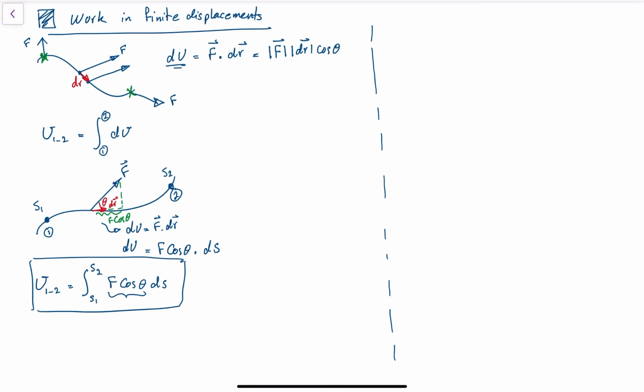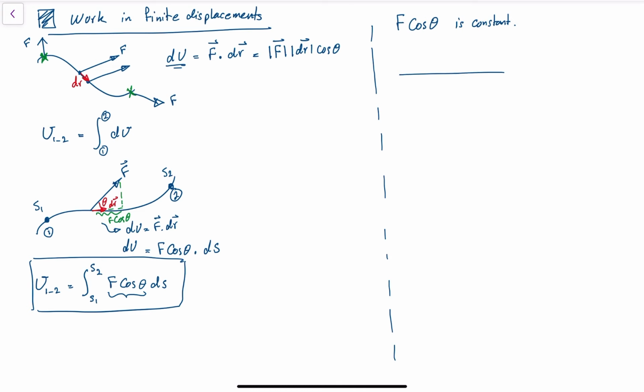That happens quite a lot. So if F cosine of theta is constant, when does that happen?